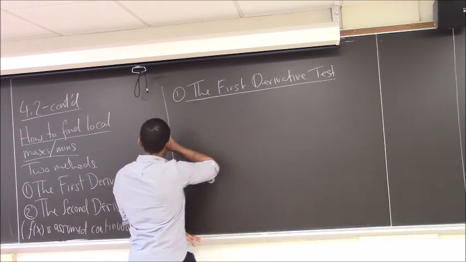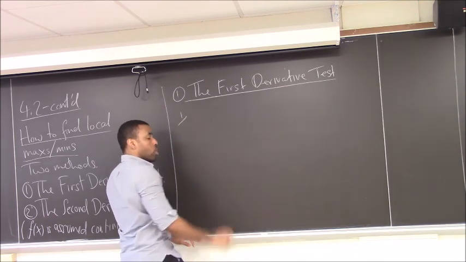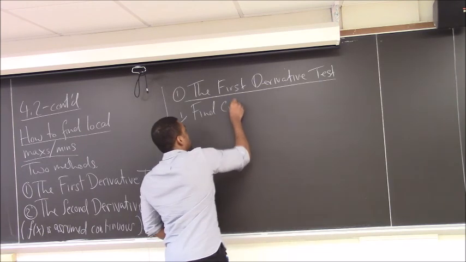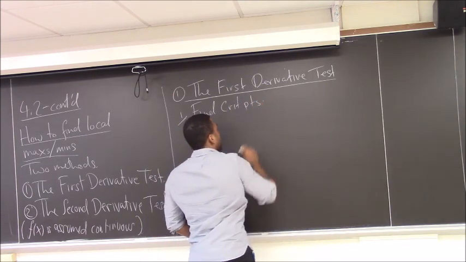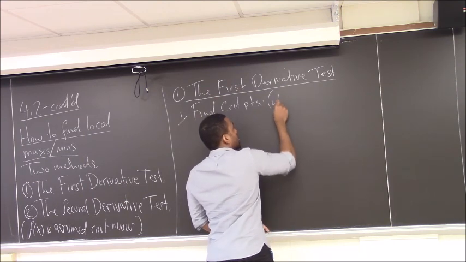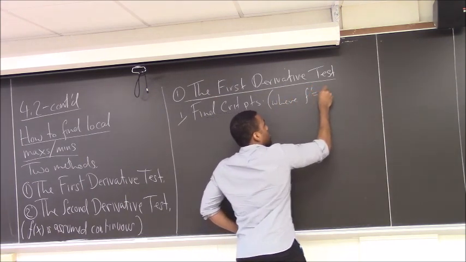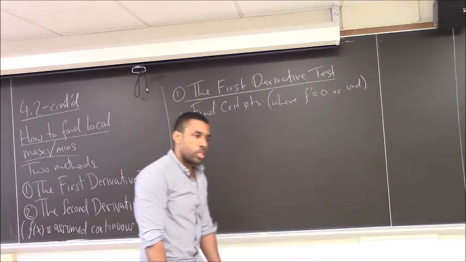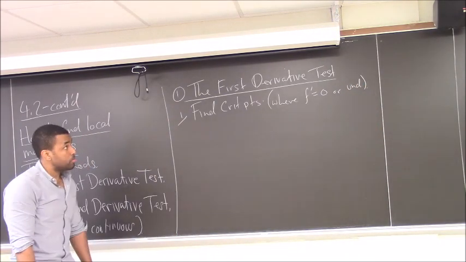So the first derivative test says, in step 1, we're going to find the critical points. And remember, this was where f prime was equal to 0 or undefined. We define those to be critical points based on what we know from Fermat's theorem.